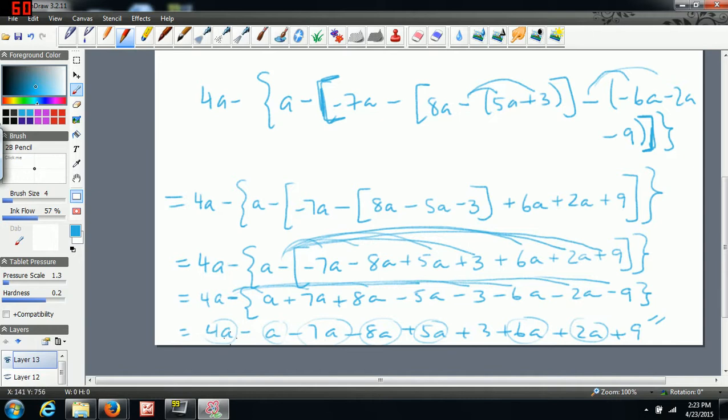All right, so 4 minus 1 is 3, minus 7 is negative 4, minus 8 is negative 12, plus 5 is negative 7, plus 6 is negative 1, plus 2 is just a. And then the numbers, 3 and 9, so that's just plus 12. So that's our final answer.